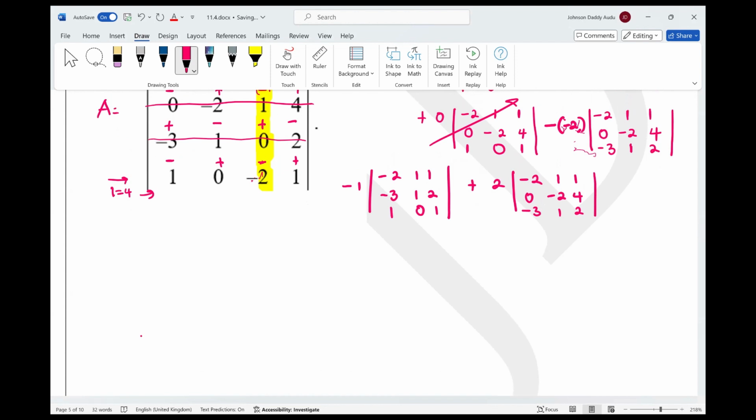This first one is -2, 1, 1, -3, 1, 2, 1, 0, 1. Then we can augment this with -2, -3, 1, 1, 1, 0, right? And then we will have, just go with this, and this.